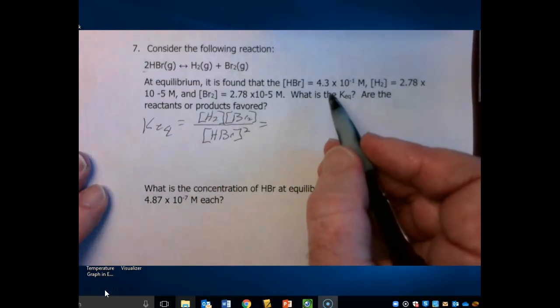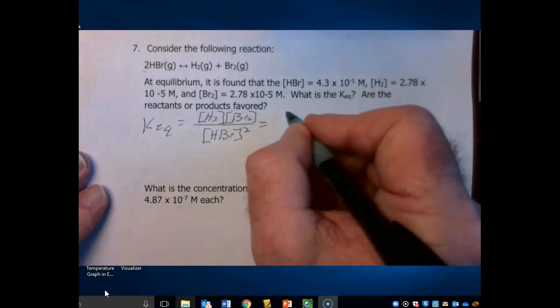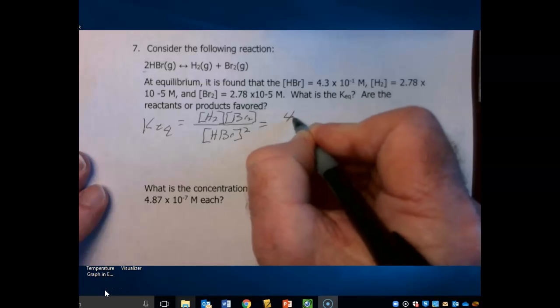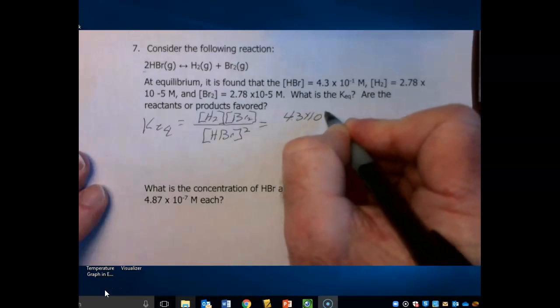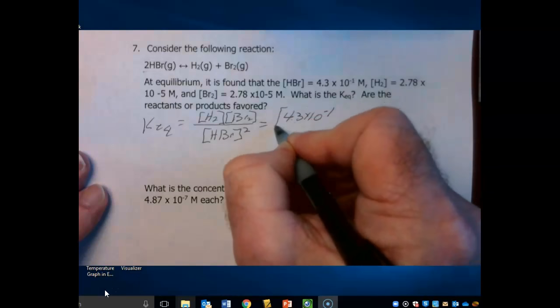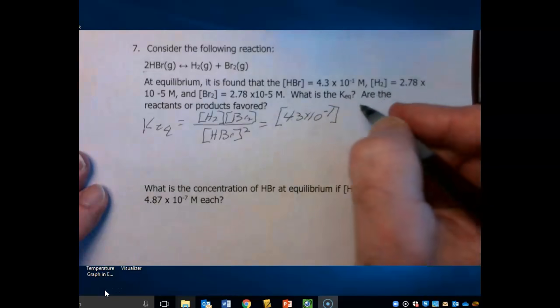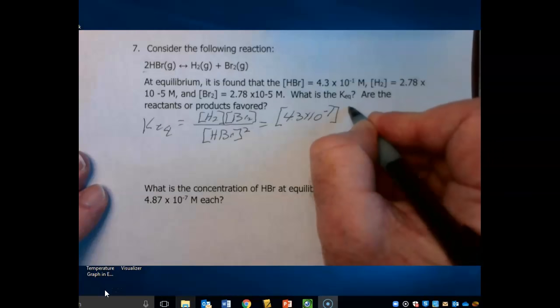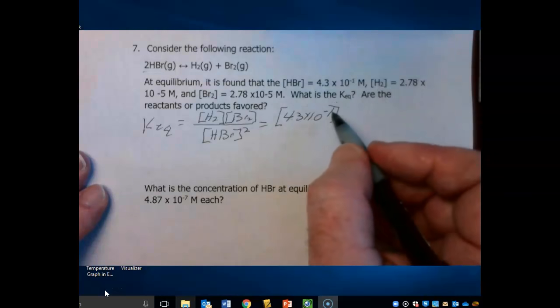Now we're just plugging in the numbers up above. The concentration of the hydrogen is 4.3 times 10 to the minus 1, and the concentration of the, let's see, did I just make a mistake? I did.